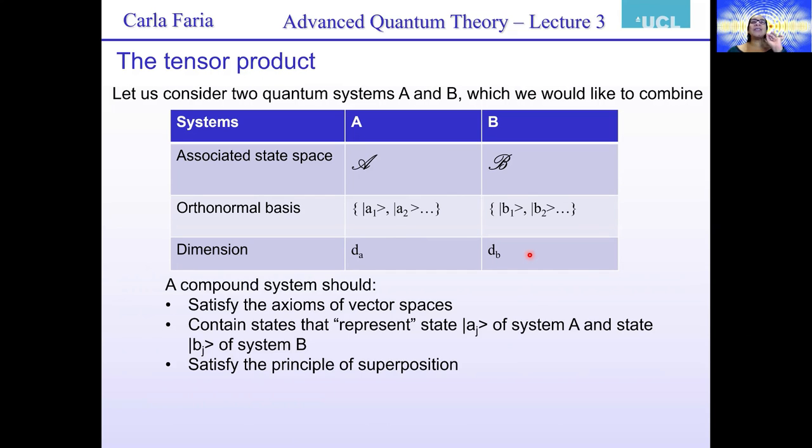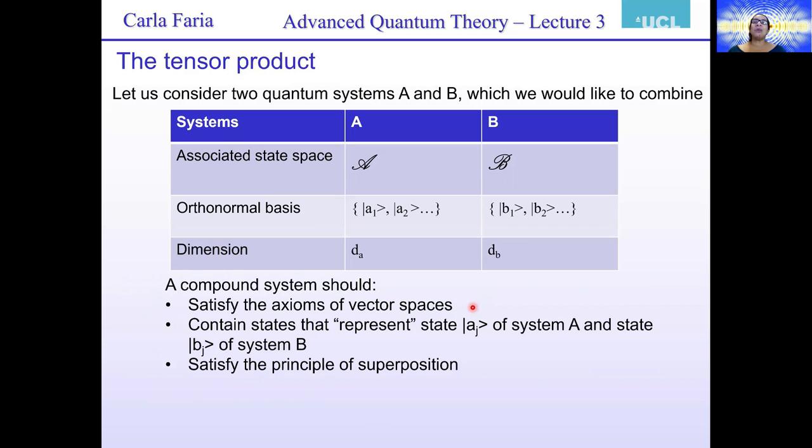So what we would like to do is the following. We would like to combine A and B, but we need to be careful about how we do this, because we need to ensure that whatever we do, the vector spaces behave the way they should.